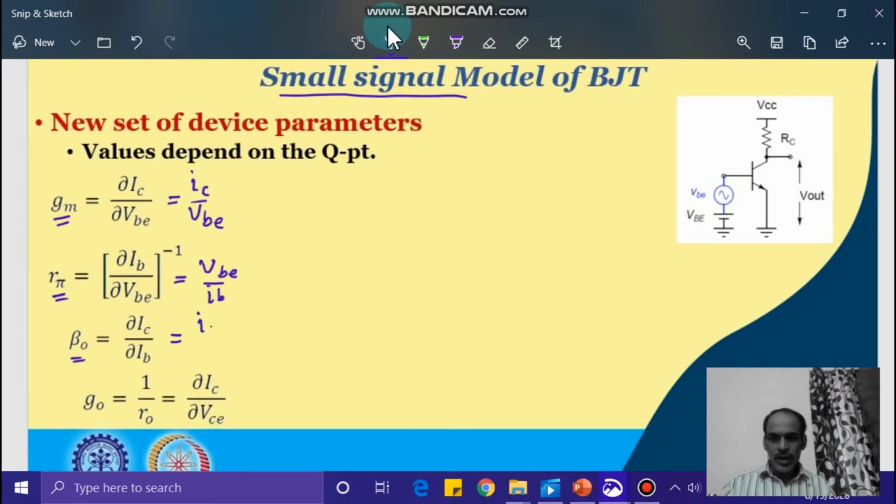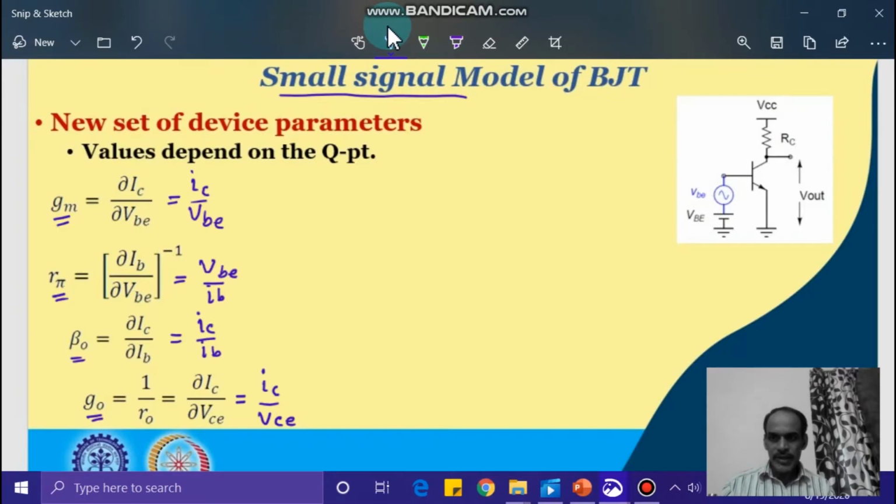Then the small signal current gain, which is defined by I_C divided by I_B. And then the output conductance, which is 1 by r_o, the output resistance. That is defined by the small signal I_C divided by the small signal V_CE.